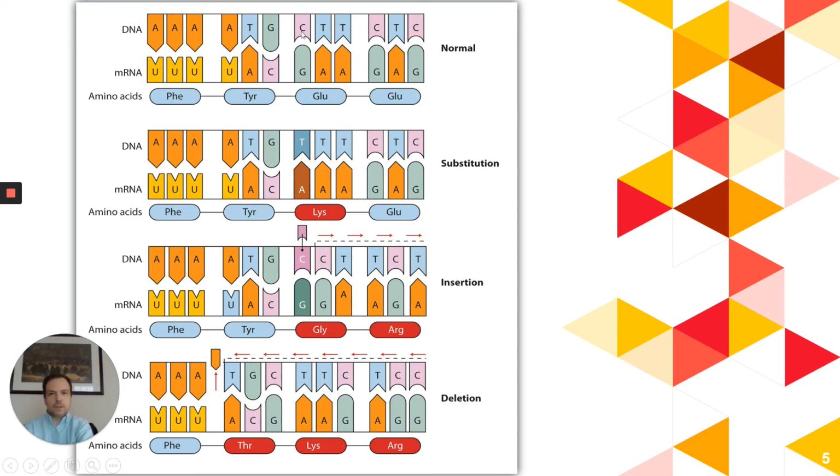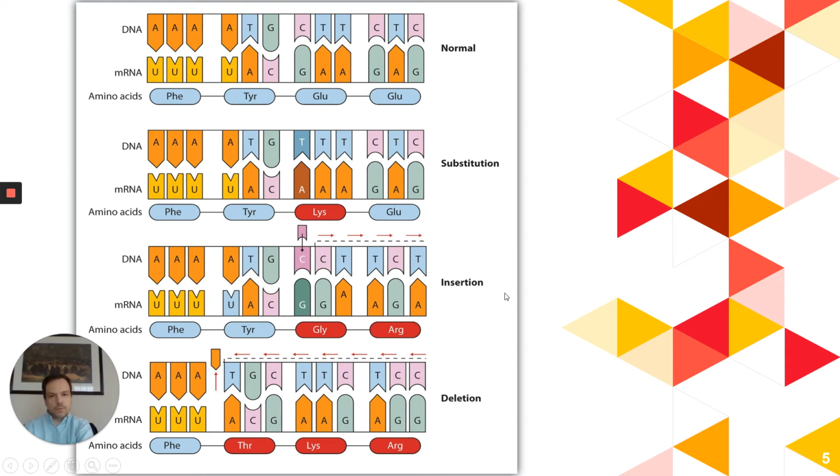But instead of this cytosine, we end up with another thymine. So we end up with thymine, thymine, thymine, TTT. The cytosine has been substituted for by thymine, so it's a substitution error. When that happens, however, instead of making the amino acid glutamine with the corresponding messenger RNA code GAA, we end up instead making lysine with the corresponding messenger RNA AAA. So that would be a substitution error.